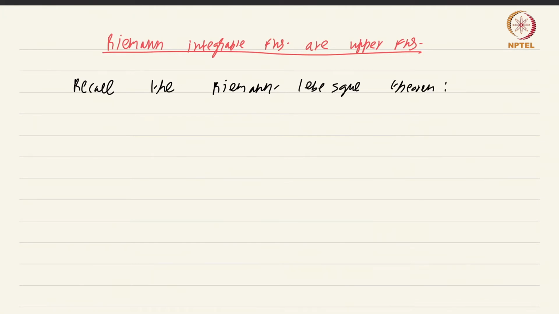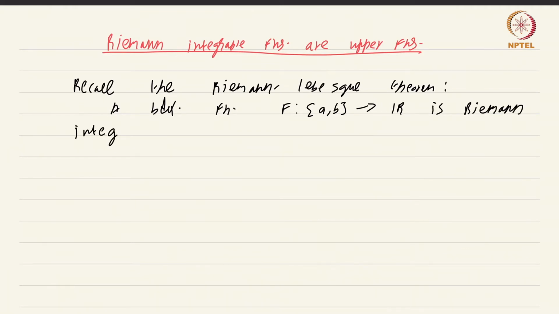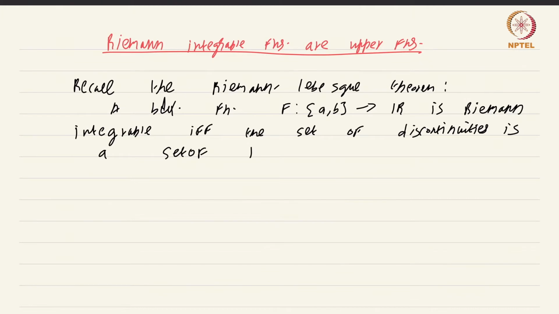It says that a bounded function f from AB to R is Riemann integrable if and only if the set of discontinuities is a set of measure 0.